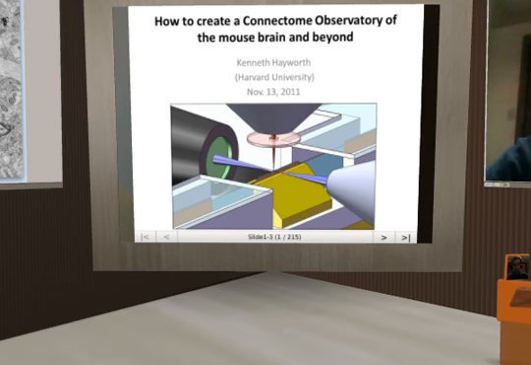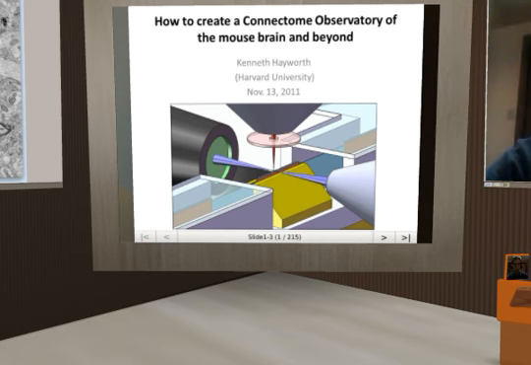If somebody handed us a 5 by 5 by 5 nanometer voxel resolution image of an entire human brain today, we would not have sufficient neuroscience knowledge to interpret that in order to simulate it.